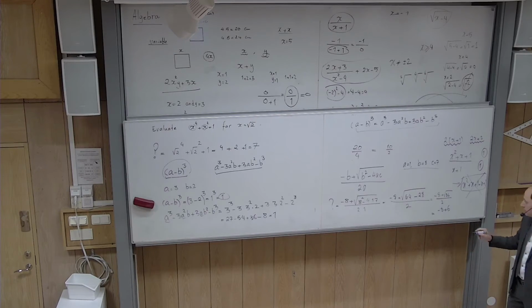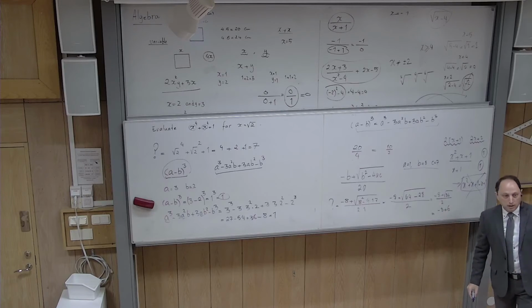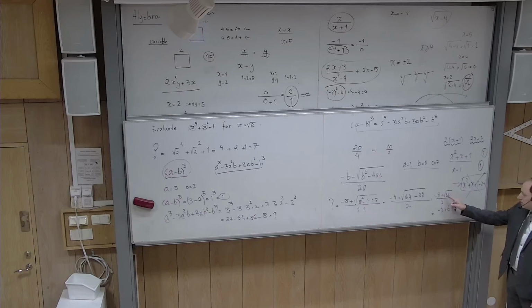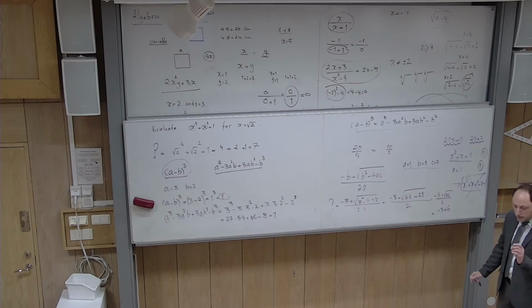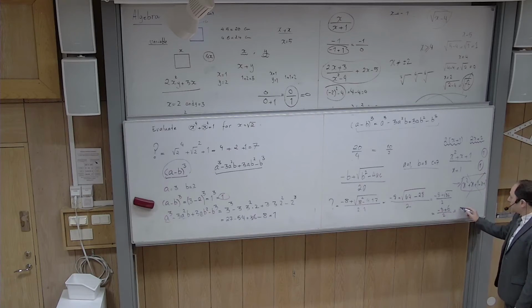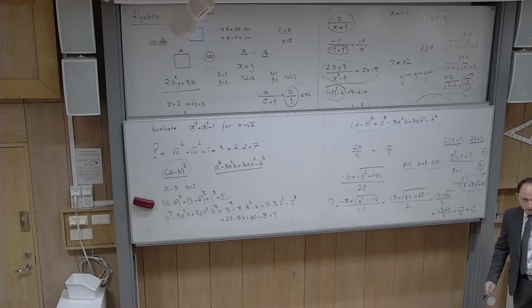Plus 6, remember. If I ask how many numbers have second power 36, you say 6 and minus 6. But if I write square root of 36, it's always the positive one by convention. Then minus 8 plus 6 is negative 2, divided by 2. So the answer is not 1, the answer is negative 1. Yes?